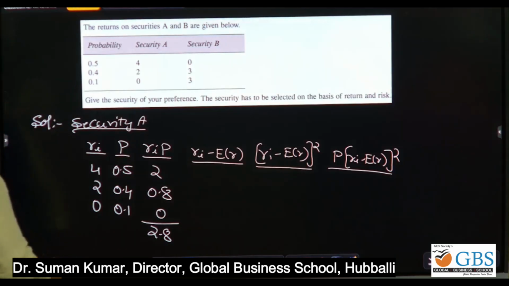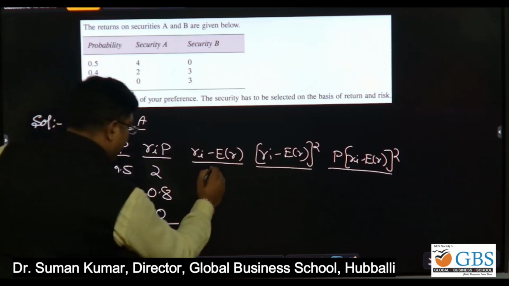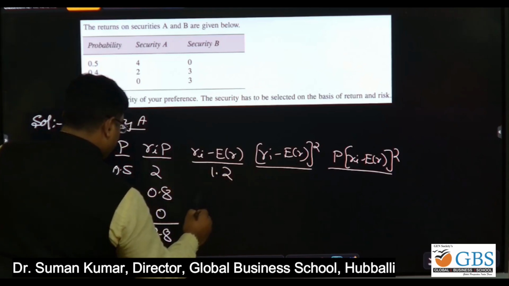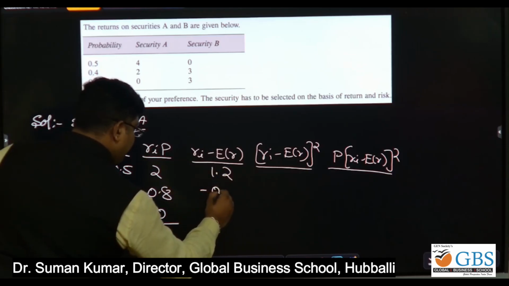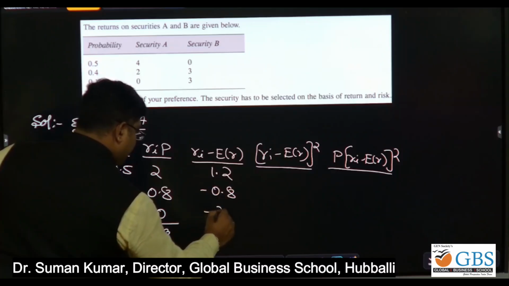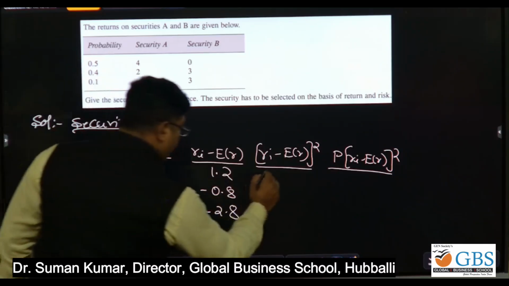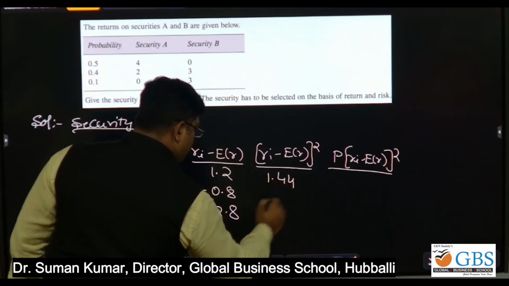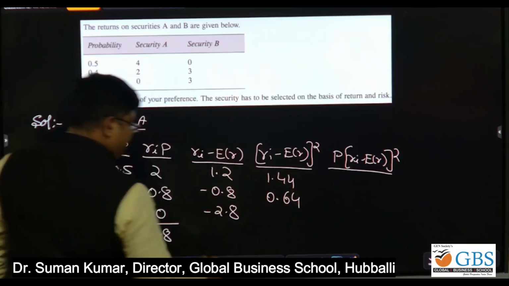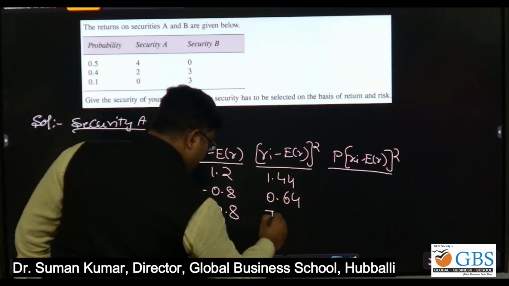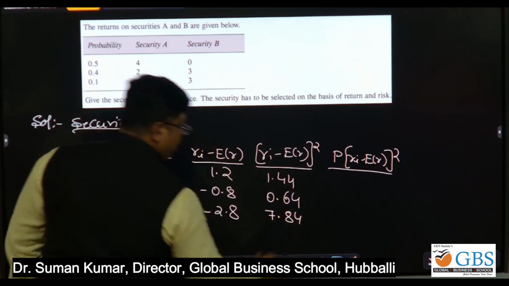Ri minus E of R: 4 minus 2.8 is 1.2, 2 minus 2.8 is minus 0.8, 0 minus 2.8, square: 1.44, 0.64, 7.84.